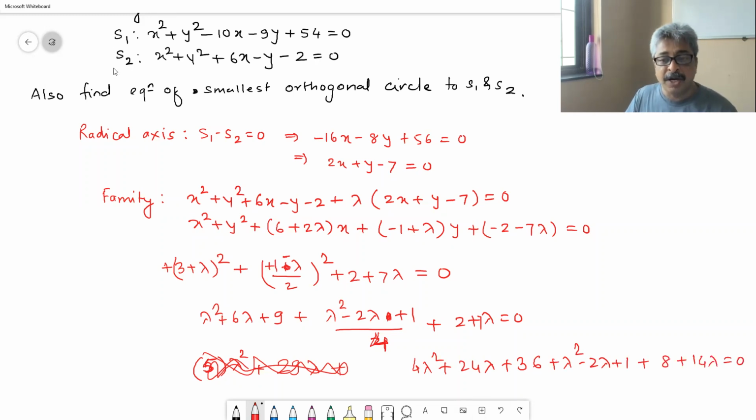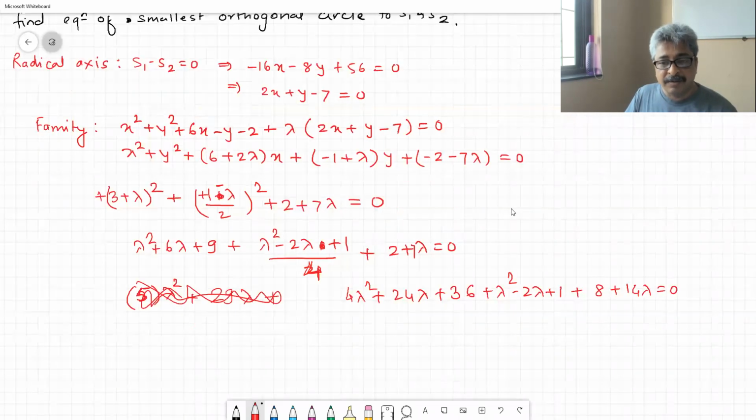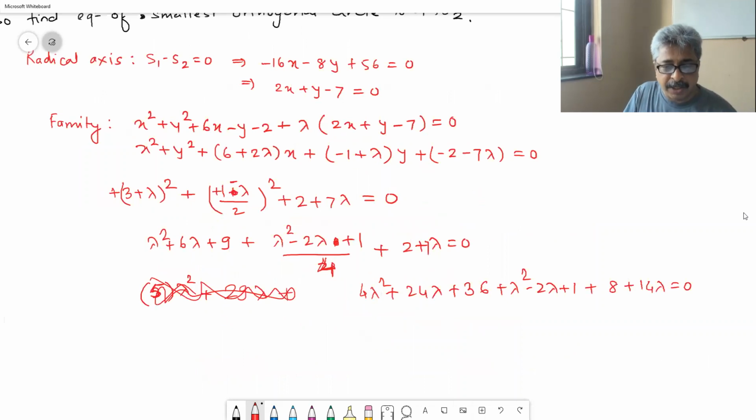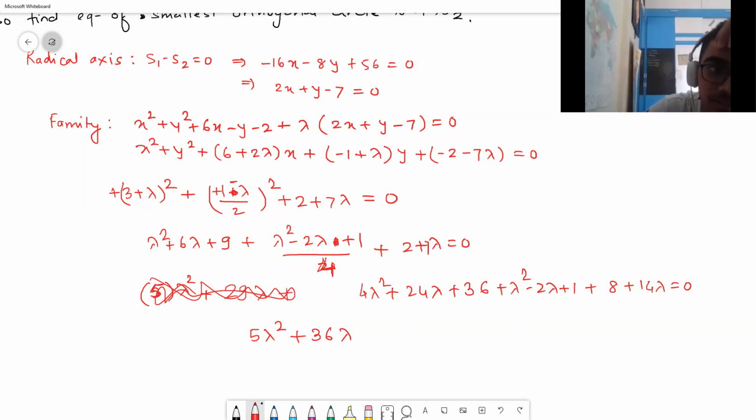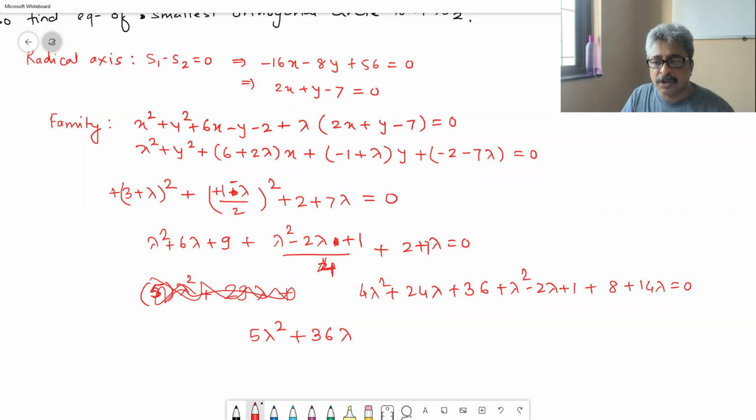I think that is a good idea to write it. Now I think I will be correct. 5 lambda square, this is 22 plus 28 lambda, 9 fours 36, 7 fours 28.